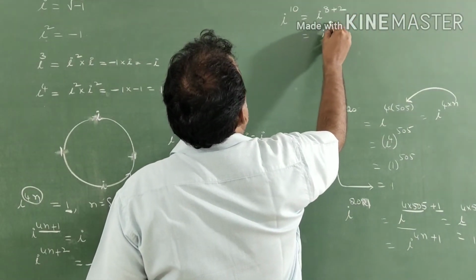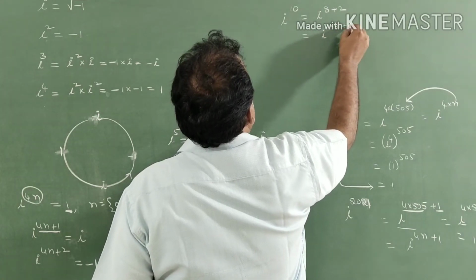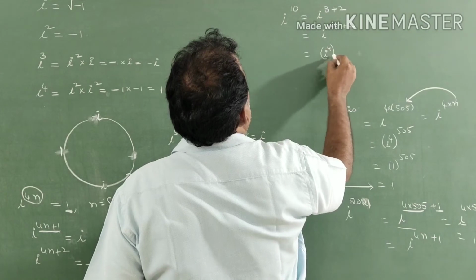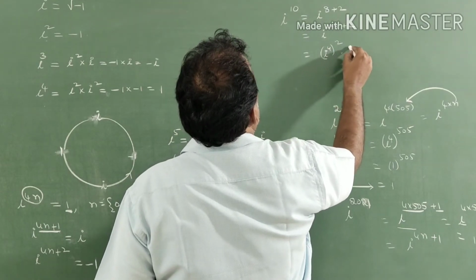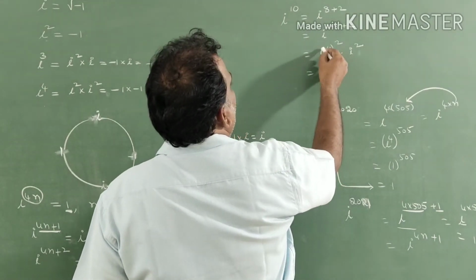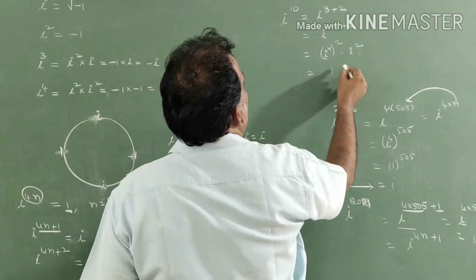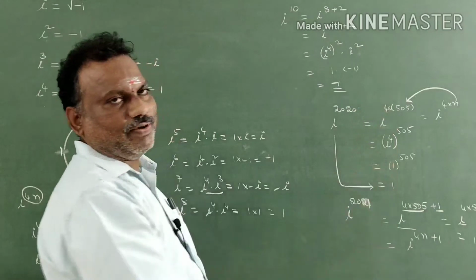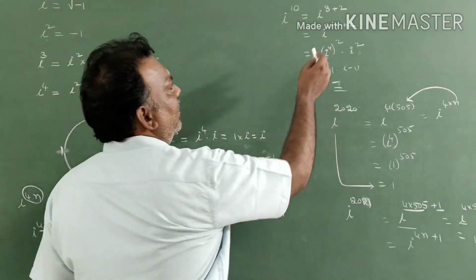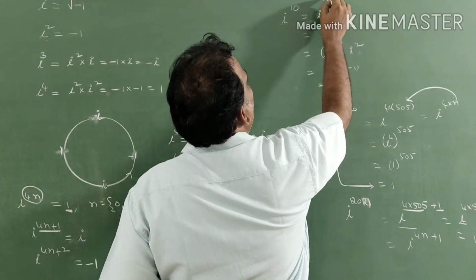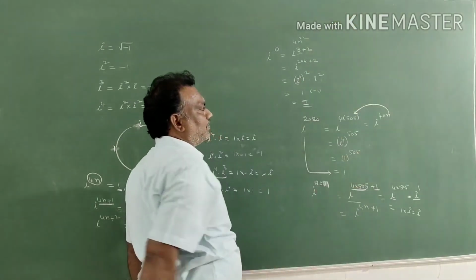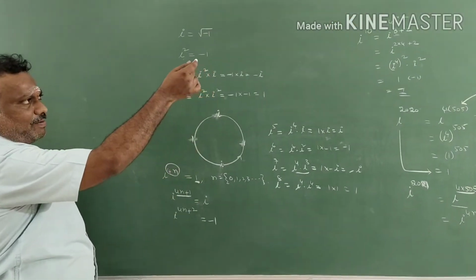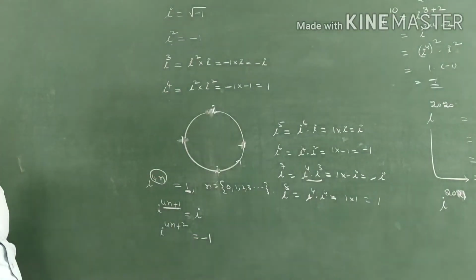This is i to the power of 2 into 4 plus 2, i to the power of 4 whole square into i square. This is 1 square, 1. i square is minus 1. So the total is minus 1. So 8 I can write as 4n, where n is 2. So if it is 4n plus 2, we are getting remainder 2, that value becomes minus 1.